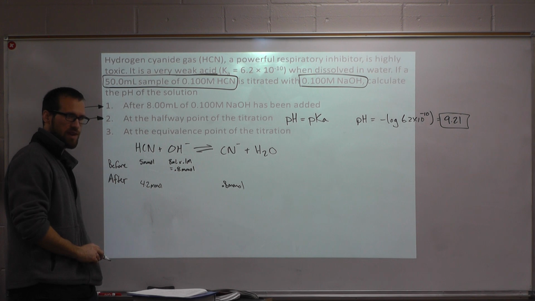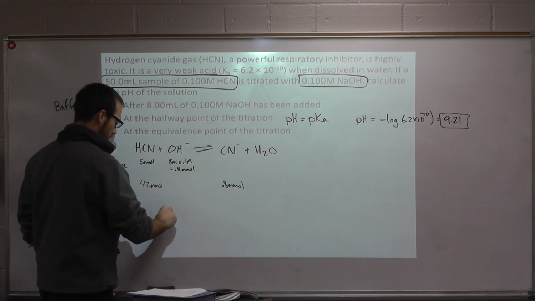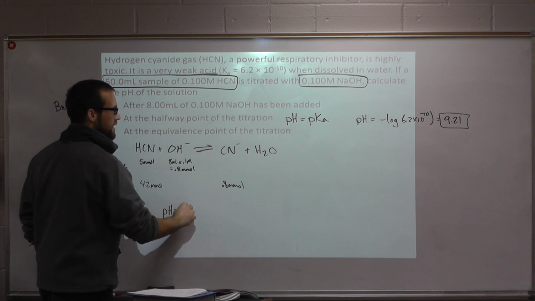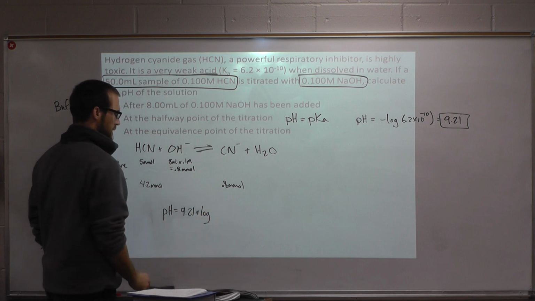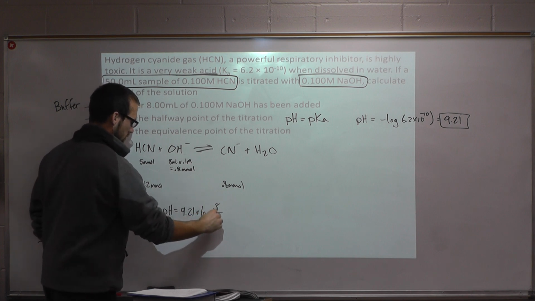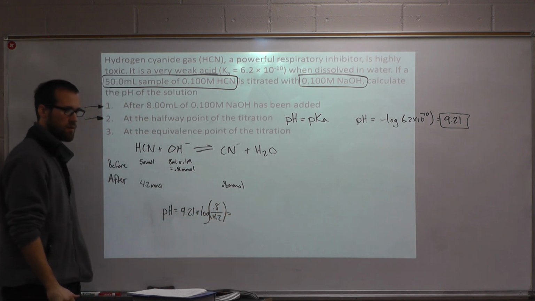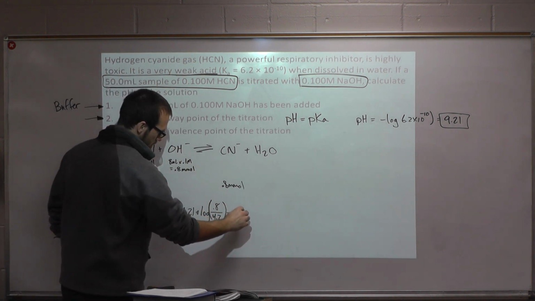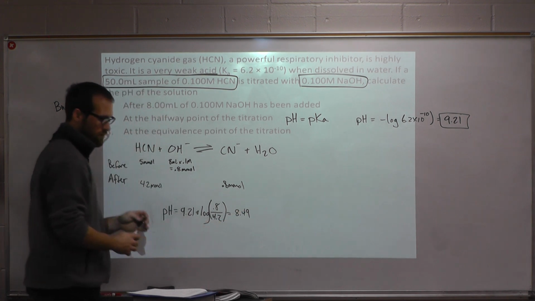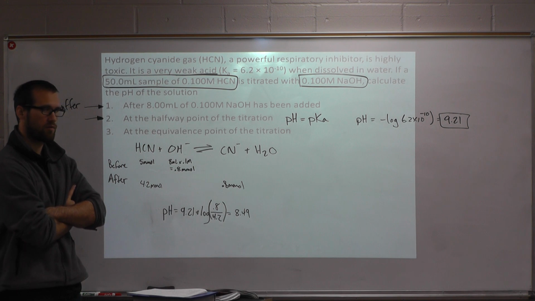After I'm done with stoichiometry, I take those numbers and plug them into what? pKa is 9.21 plus log of base over acid, 0.8 over 4.2. When you solve that, you should get 8.49.